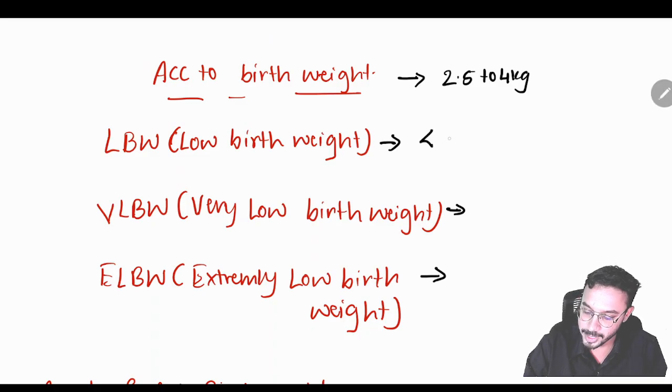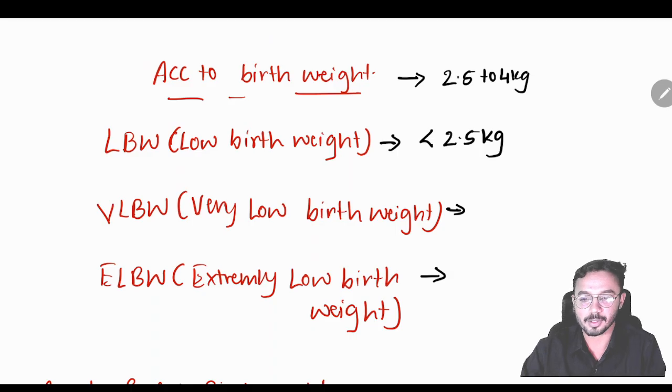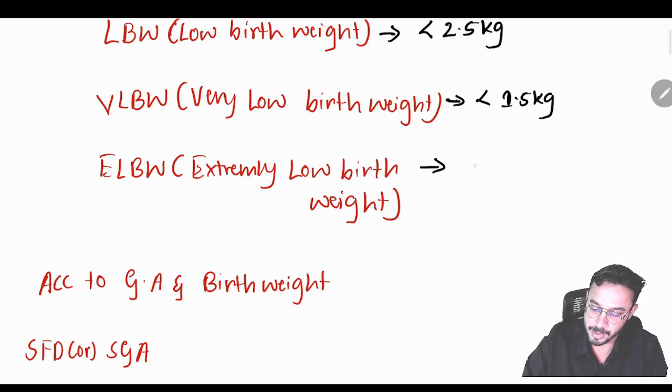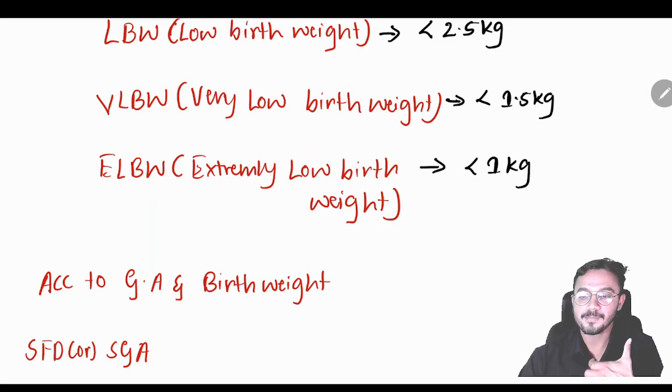Any baby whose weight is less than 2.5 kg is a low birth weight baby. Very low birth weight is less than 1.5 kg, and extremely low birth weight is less than 1 kg. These are the divisions according to birth weight.